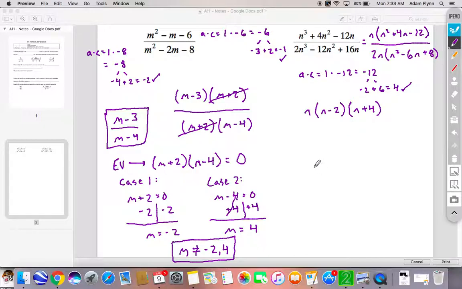Now if I go down here, I'll continue to factor my denominator. A times C is going to be 1 times 8, which is 8. So I need factors of 8 that add up to negative 6. Negative 4 and negative 2 will work.